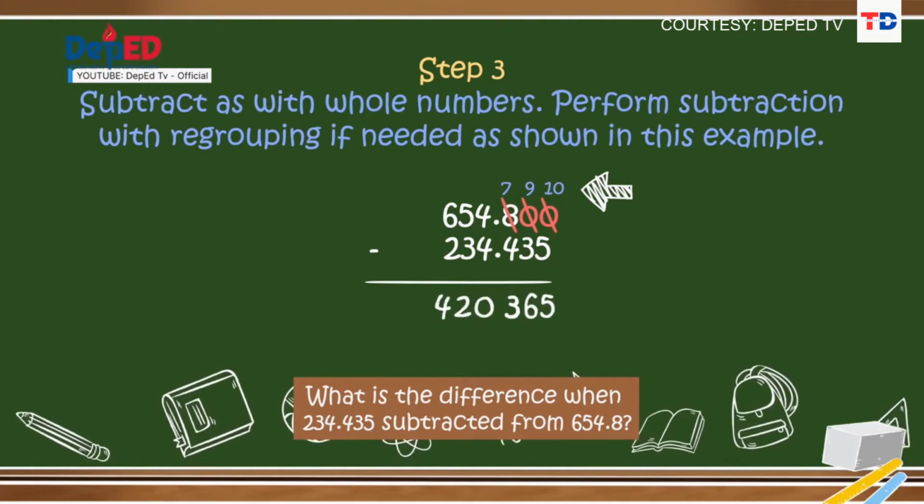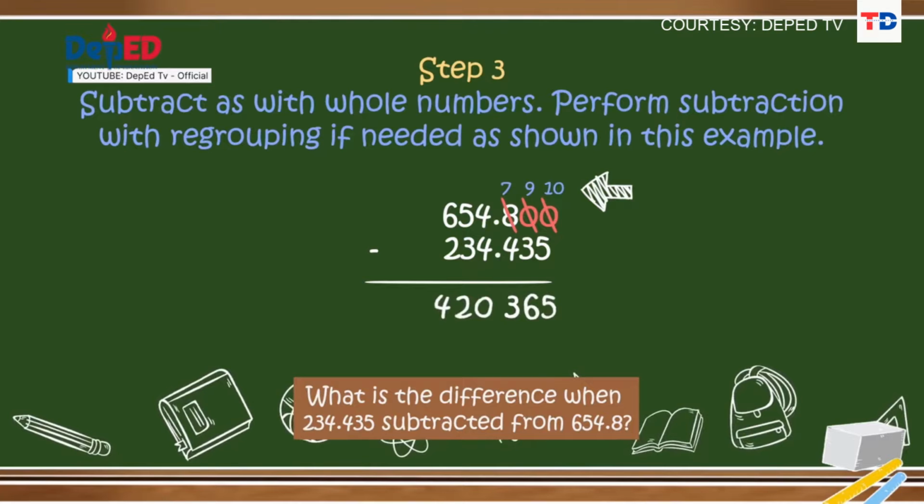Remember that when regrouping, we borrow 10 from the left digit, but we can't regroup from 0. But we can make a 0 into a 10 by regrouping it first, then carry on normally, like what happens to 800 becomes 700, 9 tens and 10 ones.